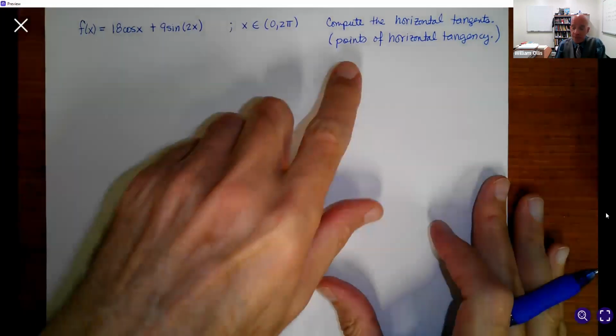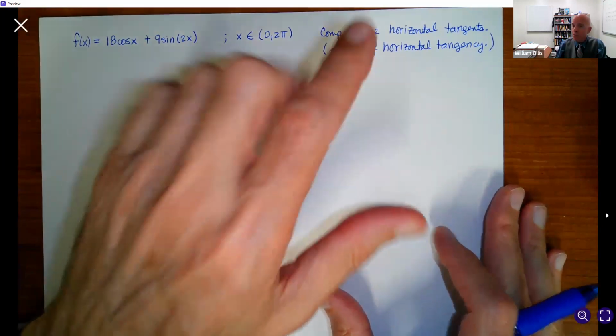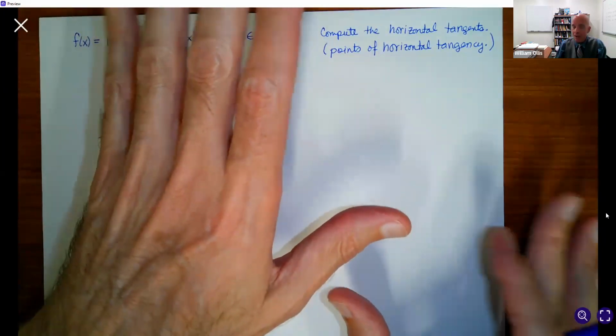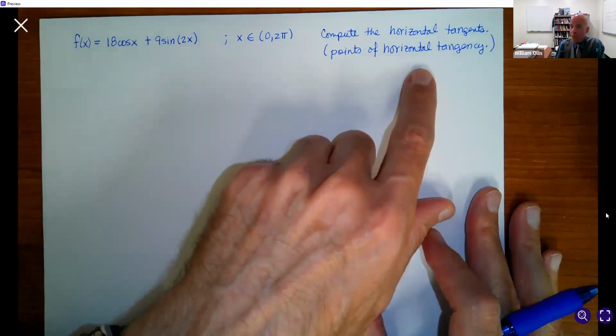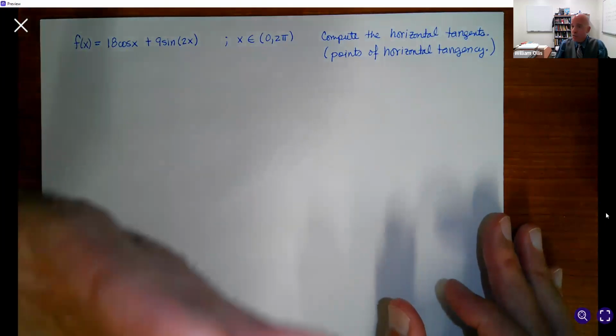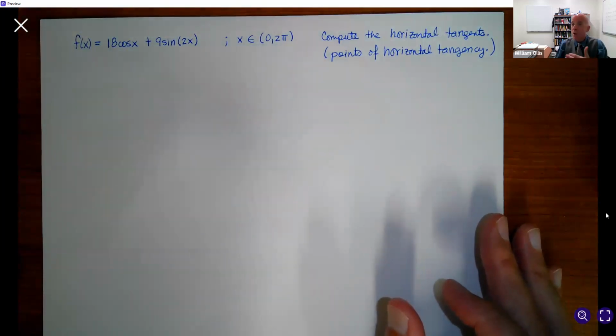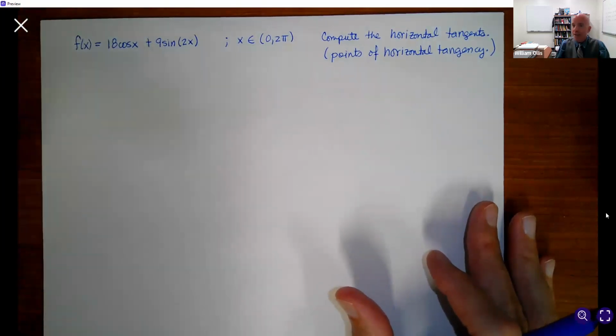So if the problem is asking just for the critical numbers, we don't look for the actual y value, but it may be more specific and say points of horizontal tangency. So not only will you consider the zeros of the derivative, but you'll also compute the actual value of the function at that value of x.